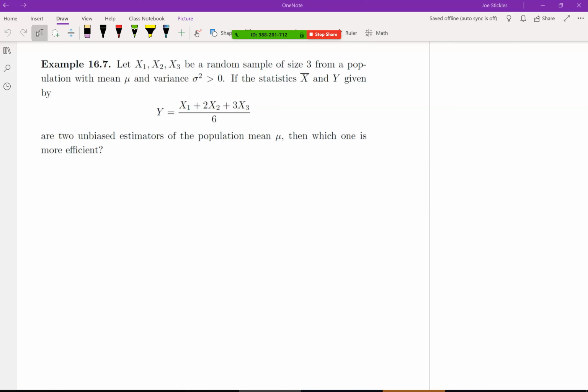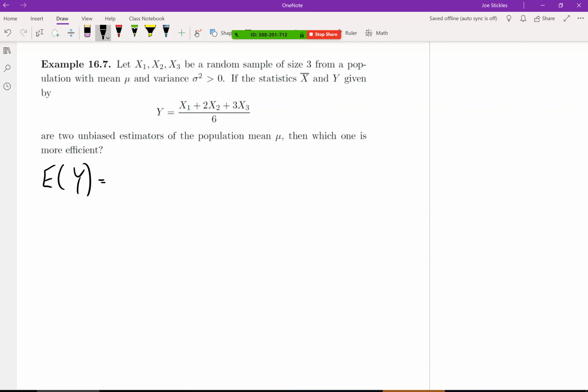So it claims that they're both unbiased estimators. Let's check and make sure that Y really is unbiased. Remember, unbiased means the estimator gives us, in expected value, the parameter that we're looking for, which in this case I believe is the population mean.